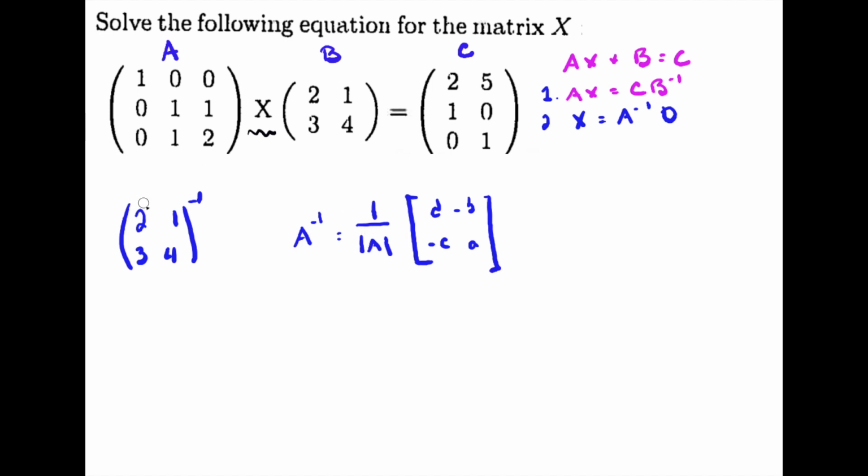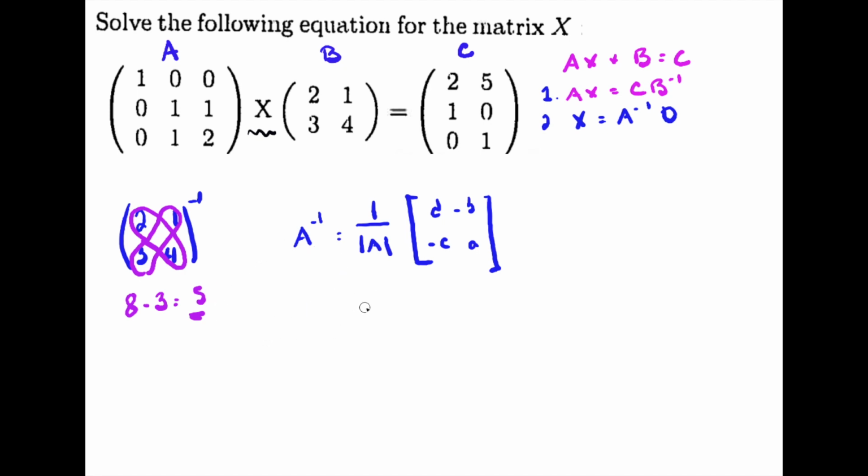Well, to find the determinant, we multiply these two together and we subtract these two. So we have 4 times 2, which is 8, minus 3 is equal to 5. That's our determinant. And now D, negative B, negative C, A, we're just changing the order of our matrix.